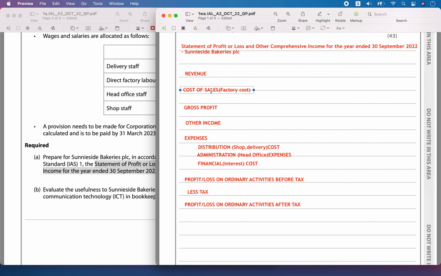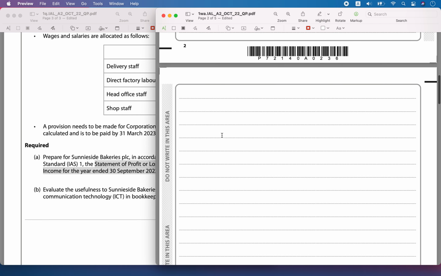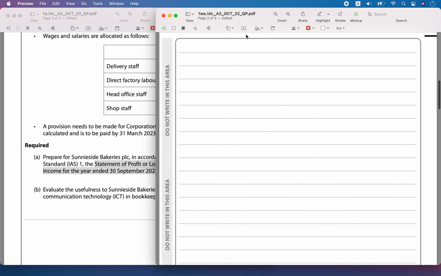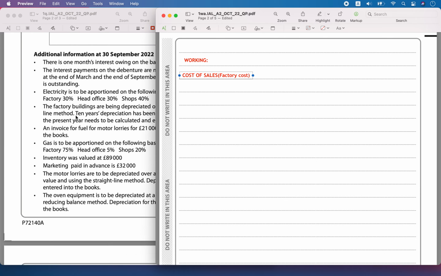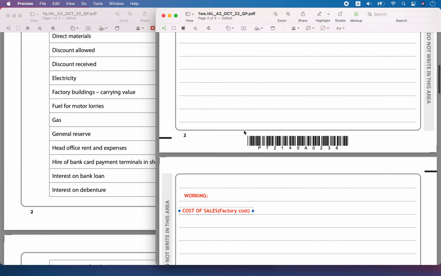Now let's calculate for each portion. Let's see what is the cost of sales. This is the working, and for each portion you will have to identify the cost incurred. First one is the cost of sales.